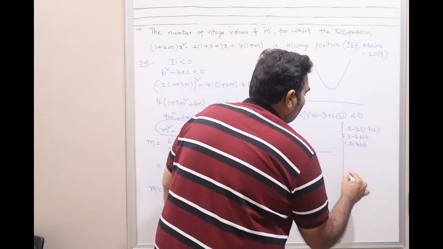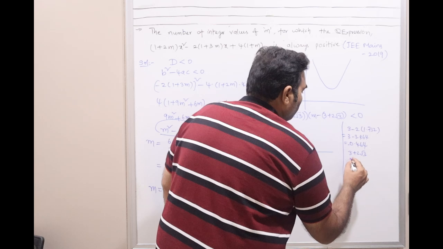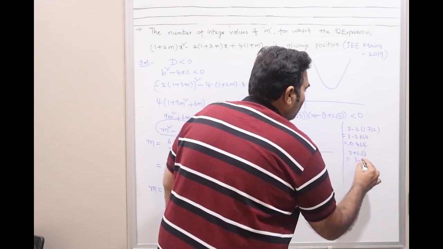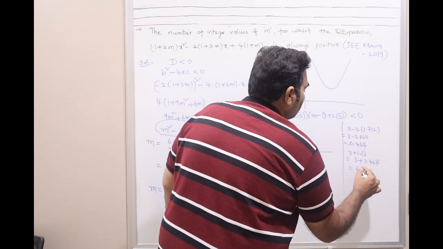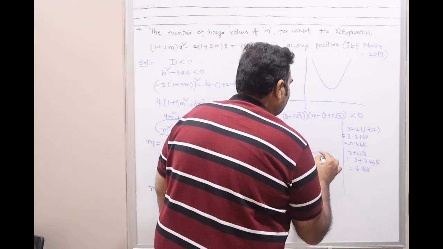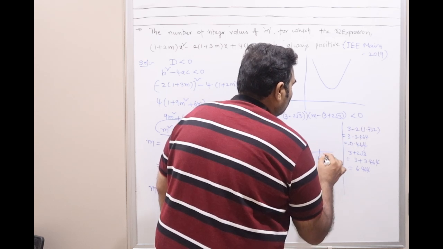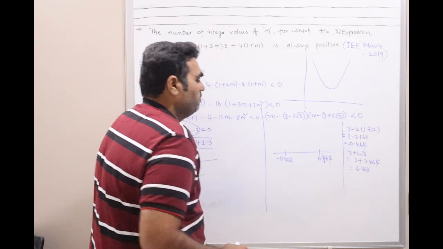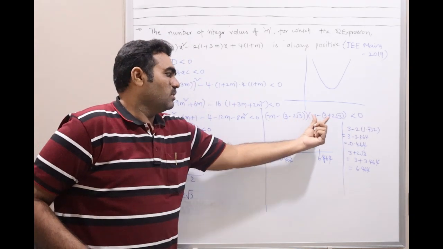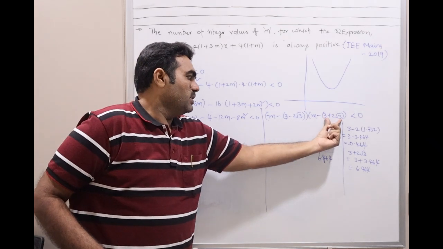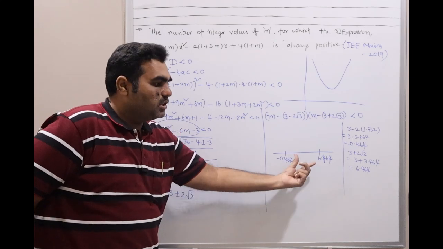And similarly 3 plus 2√3 is 3 plus 3.464, which is equal to 6.464. So this value is this much, and this value is this much. So these are the two roots.